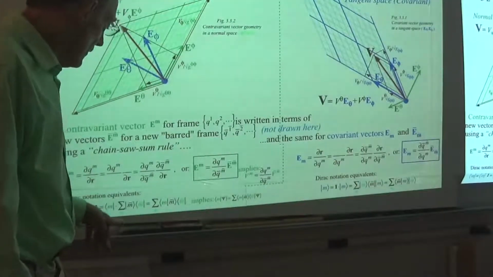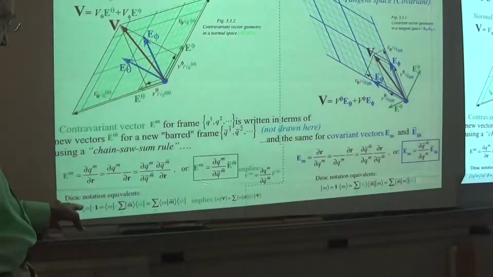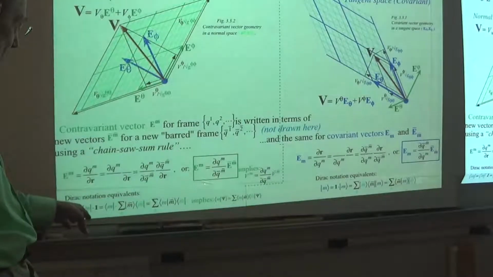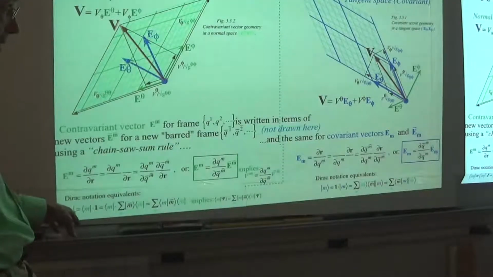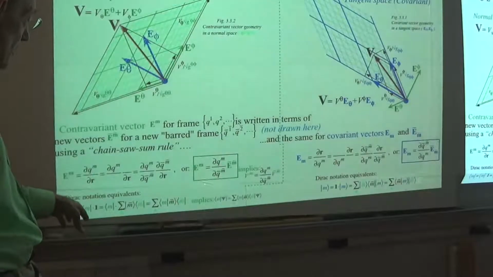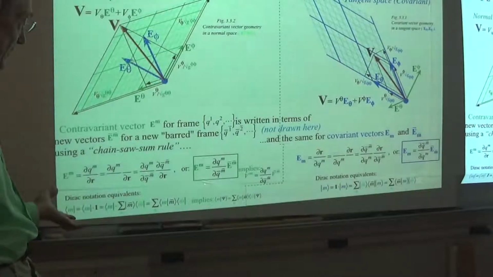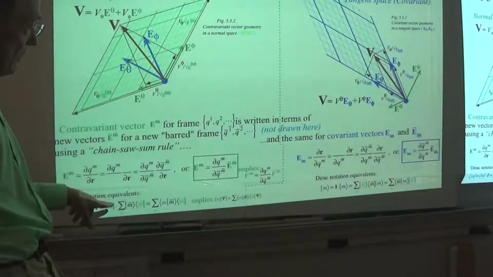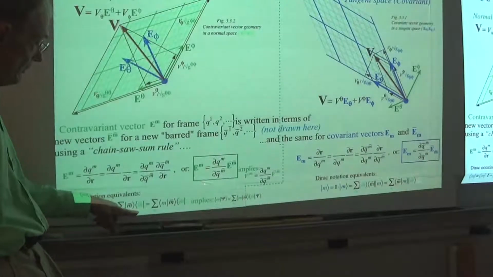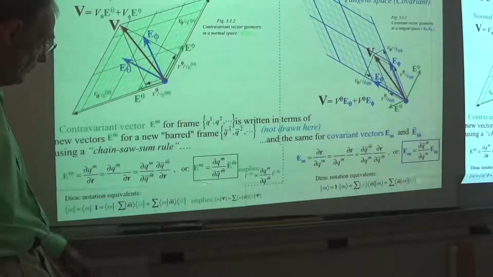Basically, what I'm saying here is you want to convert this particular ket right here to a combination of barred kets, well, you simply have to put in what's called a completeness relation, a sum over ket bars.